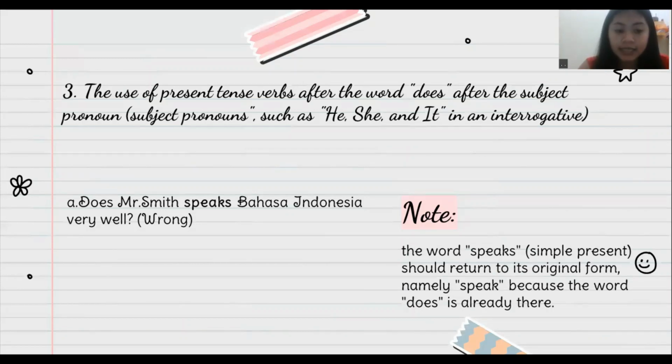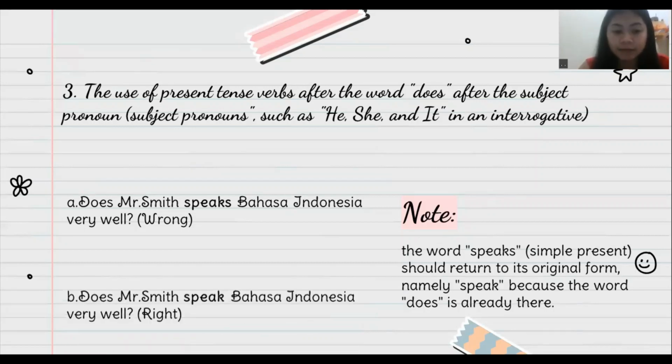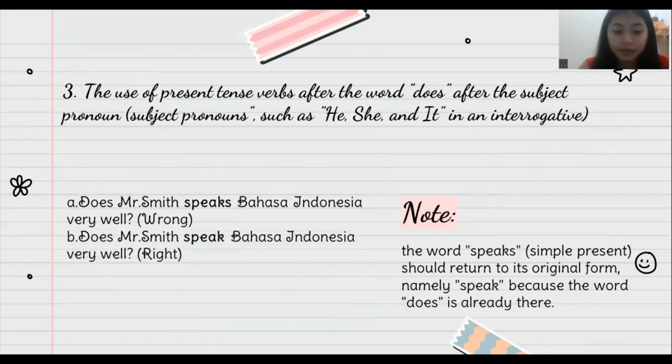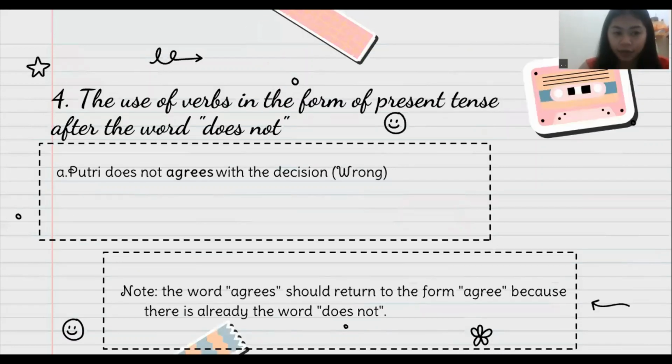The sentence is wrong. The right sentence is, "Does Mr. Smith speak bahasa Indonesia very well?" Why? Because the word speaks in simple present should return to the original form, namely speak, because the word does is already there.